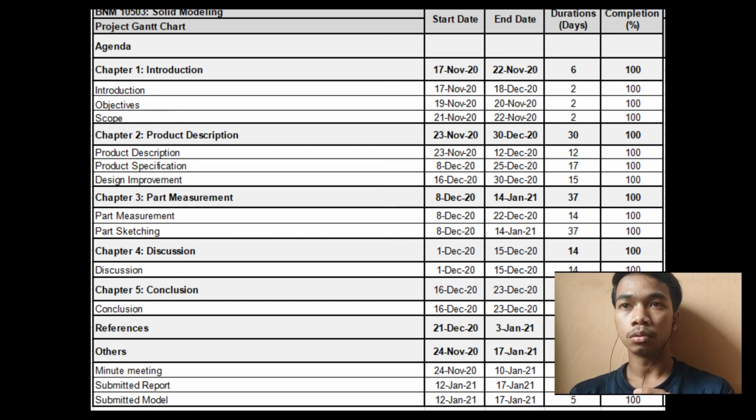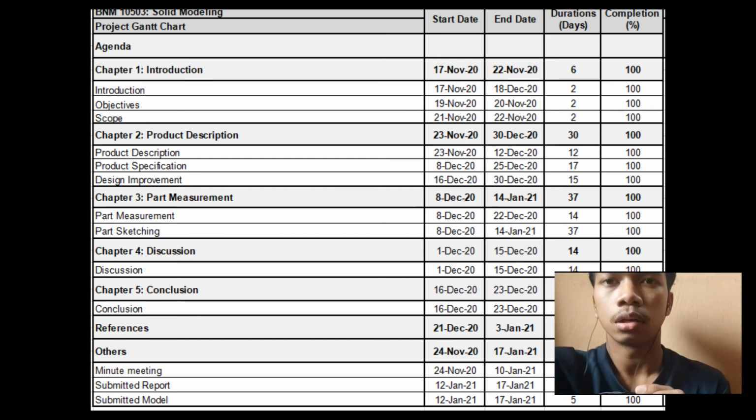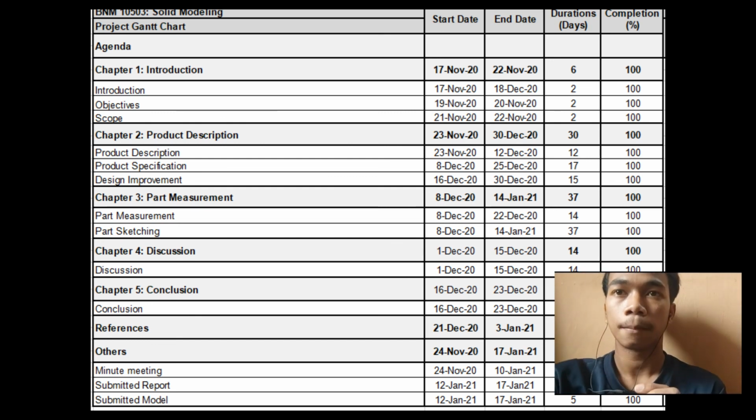For Chapter 2, Product Description, the starting date is 23 November 2020 until 30 December 2020. Chapter 3, Part Measurement, the starting date is 8 December 2020 until 14 January 2021.